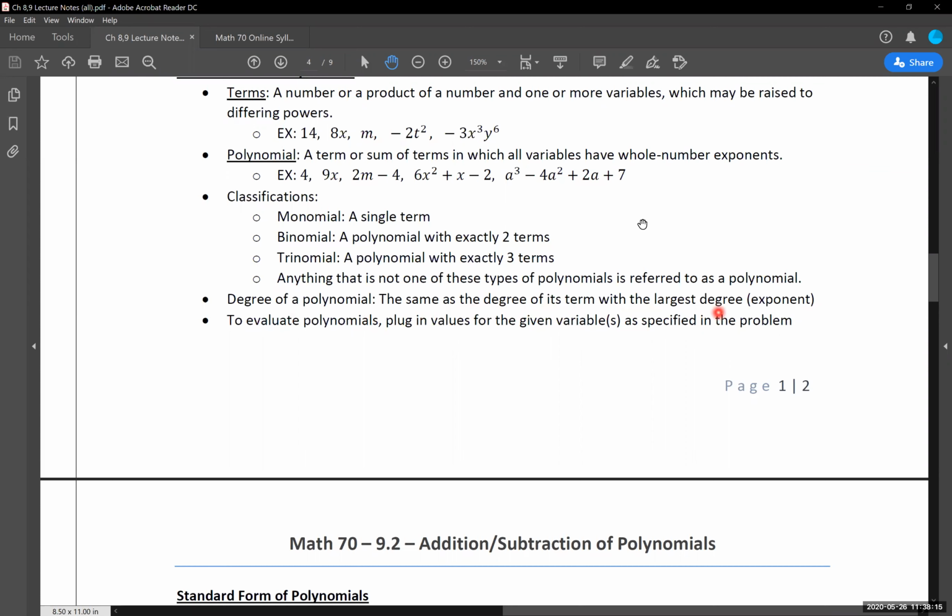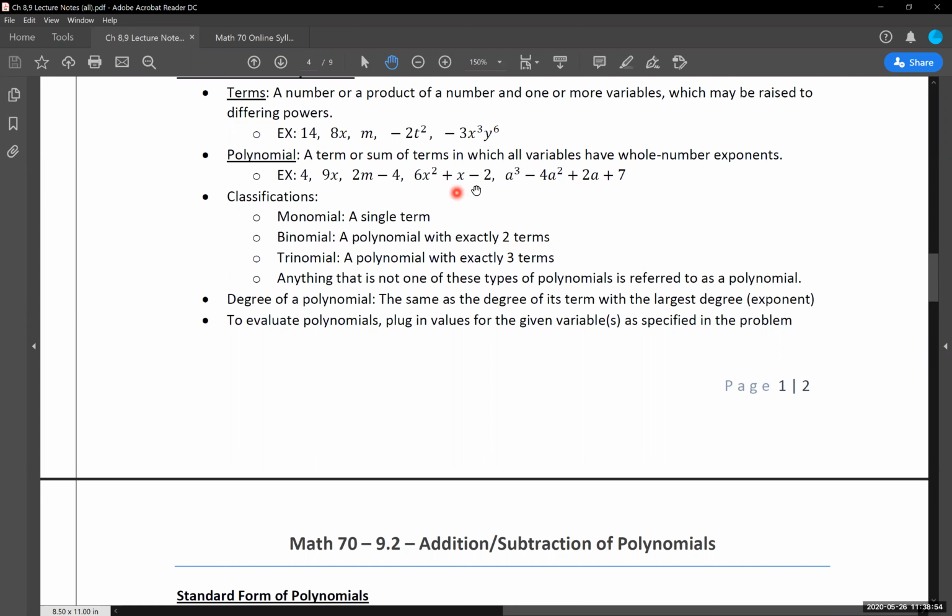Looking at our examples, if I'm being asked what is the degree of 2m minus 4, our answer is going to be 1. Between 2m and 4, the largest exponent that I have here is 1, m to that invisible 1 power. So the degree of this particular polynomial is 1.